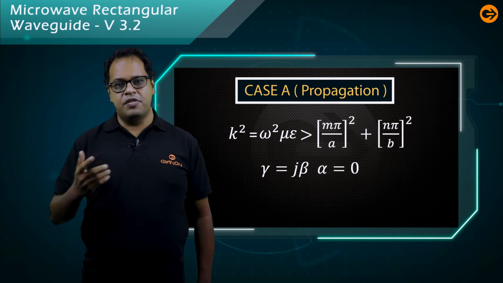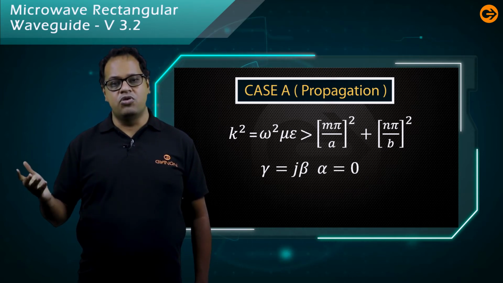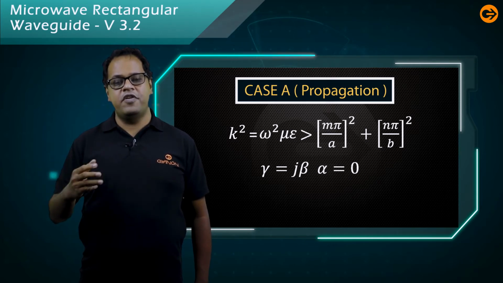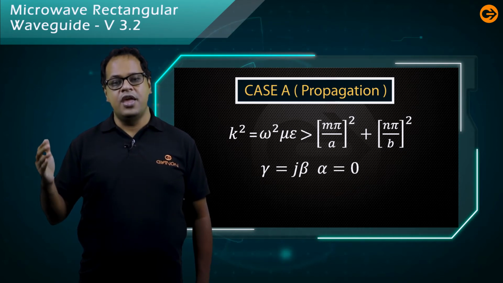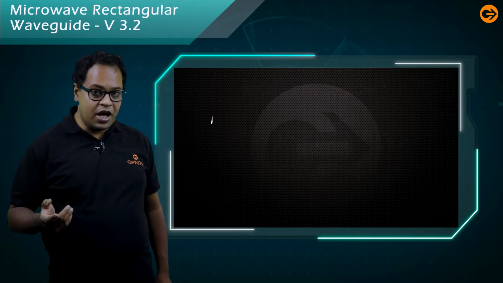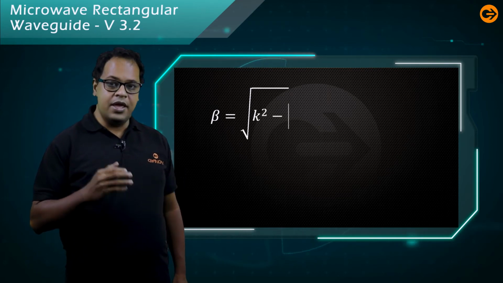This Fc is known as the cutoff frequency of the transverse magnetic mode. Whenever you are transmitting a signal or information through the waveguide, you have to generate the information at more than this frequency Fc.